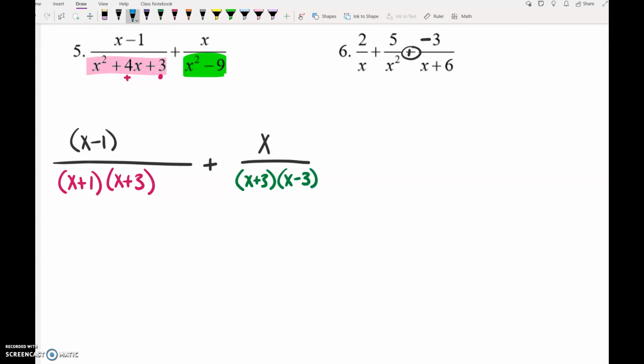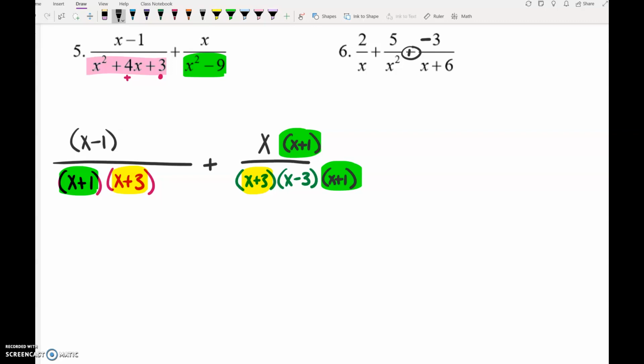Now I need to check to see if my denominators match and what each of them are missing. So I see that they both currently have an x plus 3, so that matches. My left one has an x plus 1. My right one does not have the x plus 1. So it needs an x plus 1 to make those denominators match.